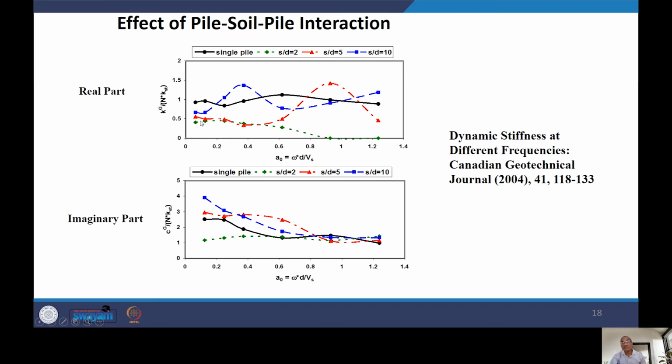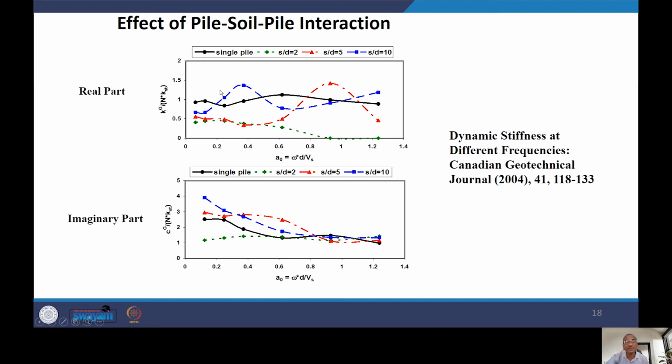So in these results, the green line is for S by D equal to 2, while the black line is for the single pile. You could see in the black line that with the frequency change, the response or dynamic stiffness does not change so much.